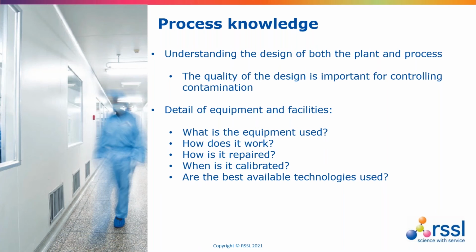So they're the kind of key questions that need to frame our way of understanding work activities, perceived risks, required resources, and even whether we have the right organisational culture to deliver a quality-based contamination control approach.